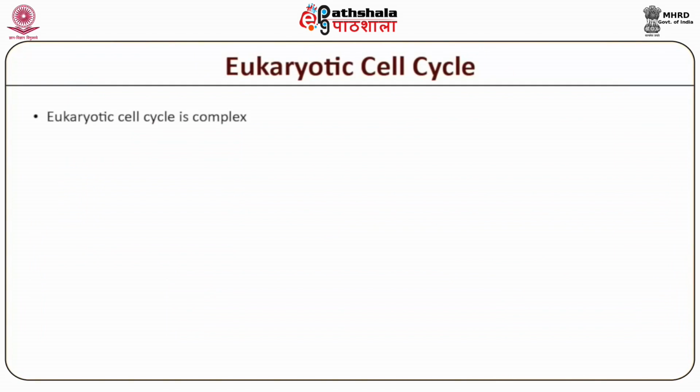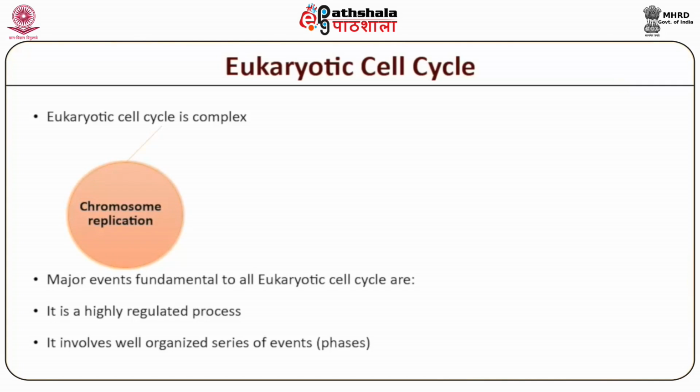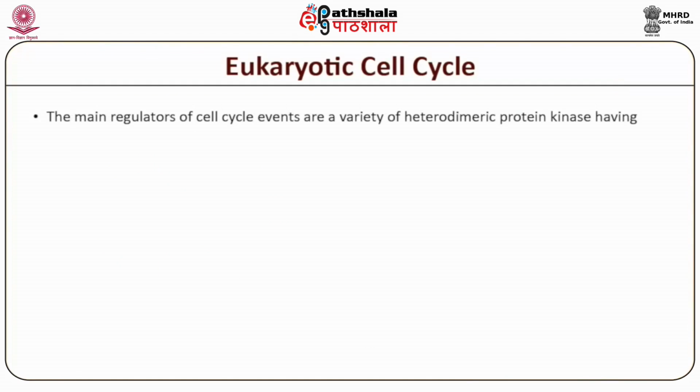Now, I will come to the eukaryotic cell cycle. It is complex compared to the prokaryotic cell cycle. It involves a highly regulated and well-organized series of events or phases. Major fundamental events common to all eukaryotic cells are chromosome replication. This involves DNA replication and chromosomal segregation, which involves equal segregation of parental DNA. A variety of heterodimeric protein kinases are involved in the cell cycle.